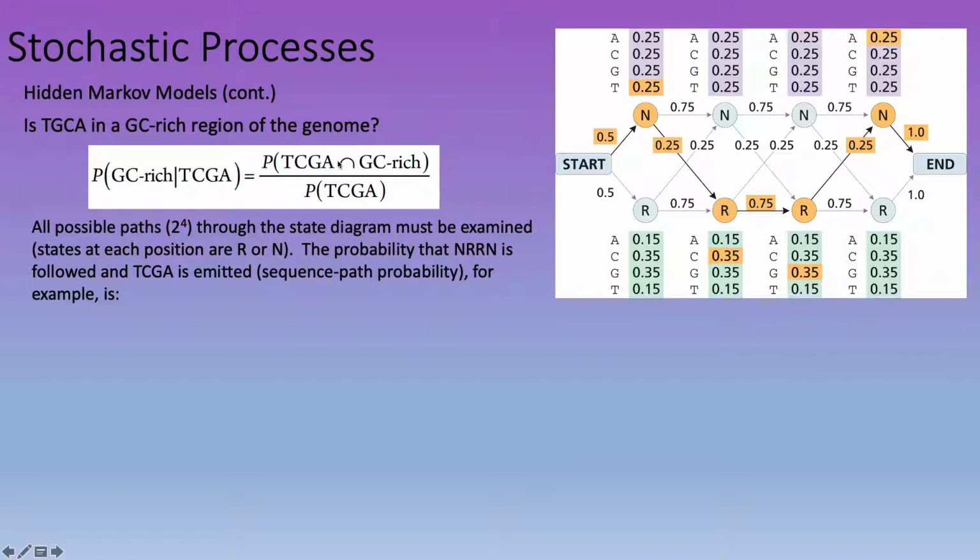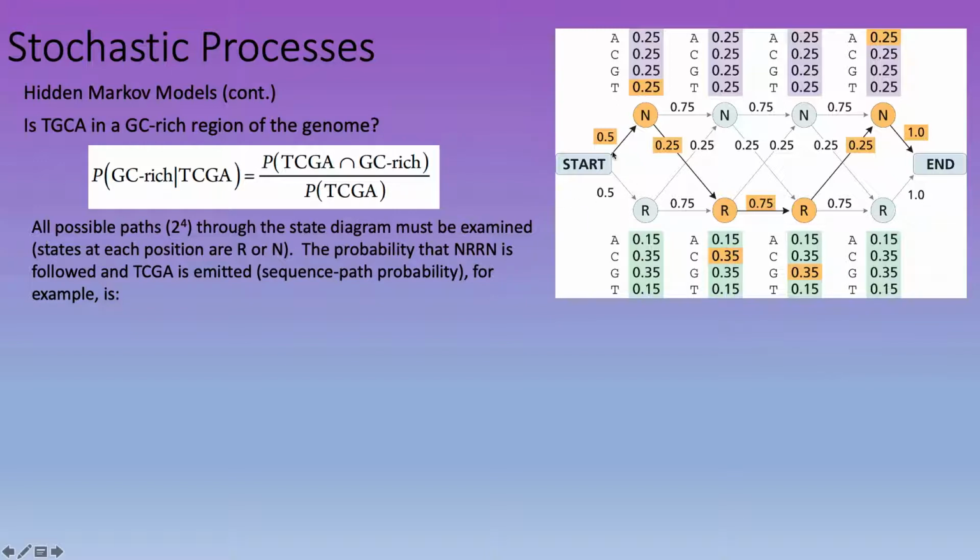So this is just the probability of TCGA intersecting with GC-rich divided by the probability of TGCA. And so this is the total disjoint union of all the probabilities of TGCA.